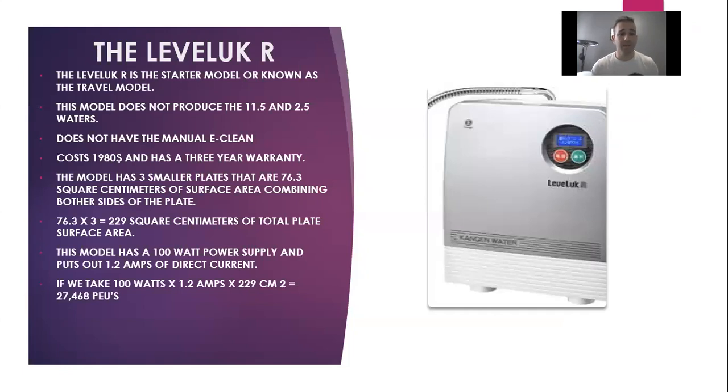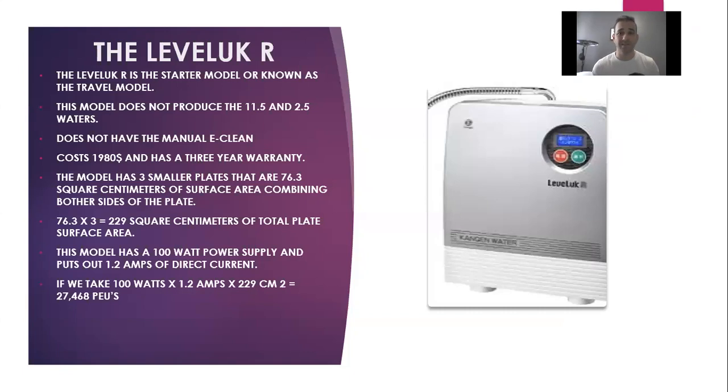So if we take the 100 watts, multiply that by 1.2 amps, and multiply that by 229 square centimeters, which is the total surface area, we get a value of 27,468 potential electrolysis units, okay?